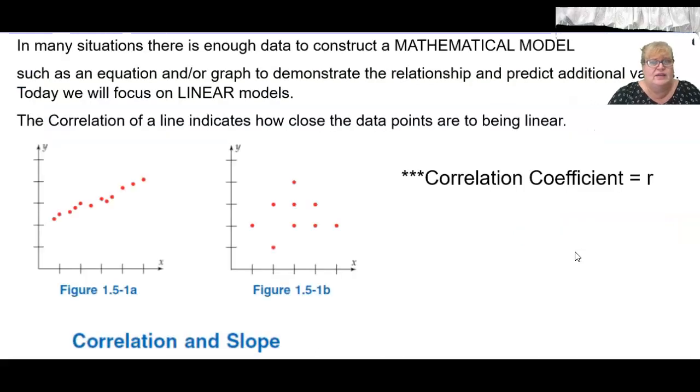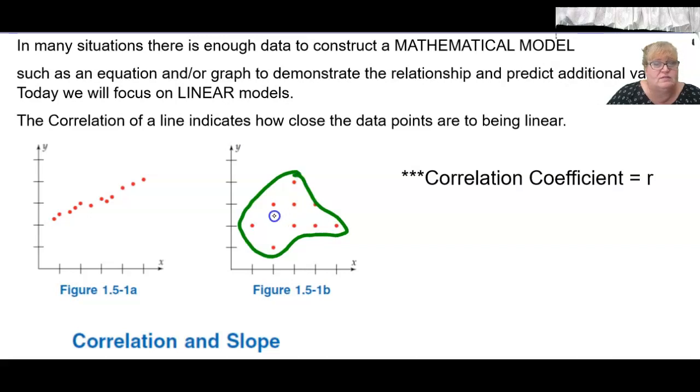We're going to talk about correlation first. When you have a set of data and they make a nice line like this, this is a strong correlation, and this particular one is going up, so it's a positive correlation. Sorry, dogs in the video.